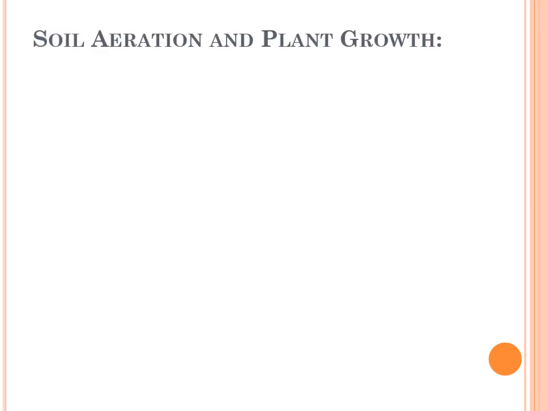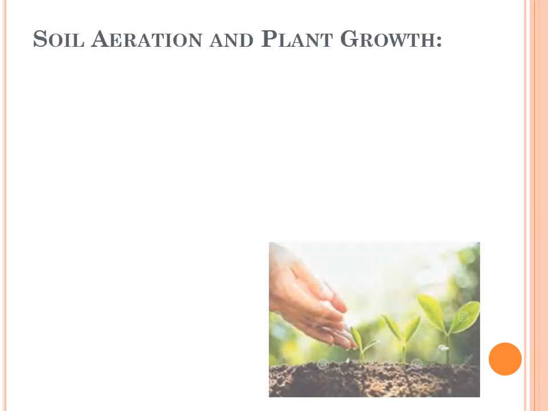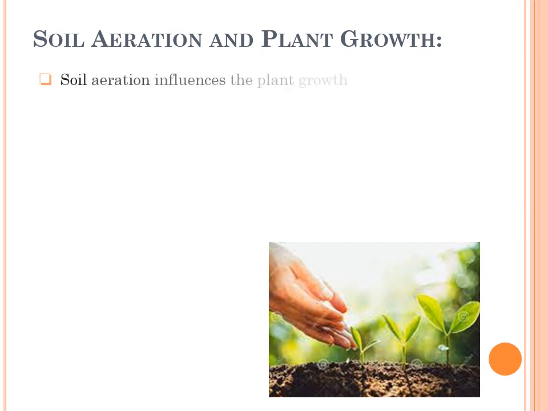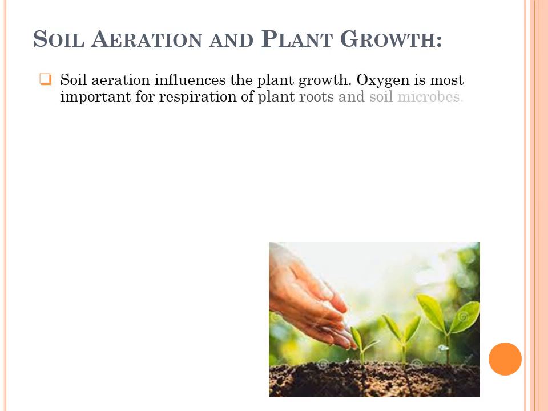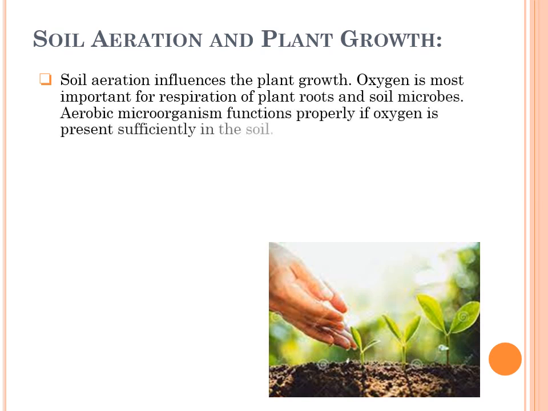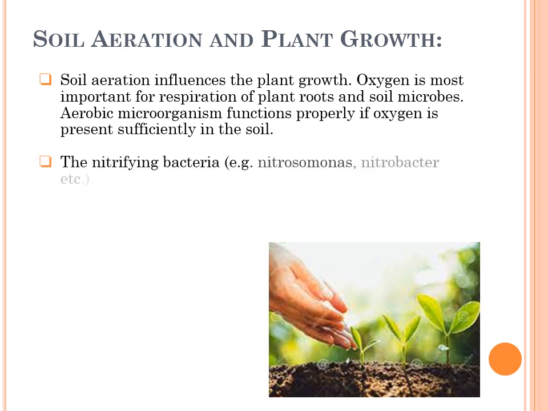Now you must be wondering about soil aeration and plant growth. Soil aeration influences plant growth. Oxygen is the most important for the respiration of plants and soil microbes. Aerobic microorganisms function properly if oxygen is present sufficiently in the soil.